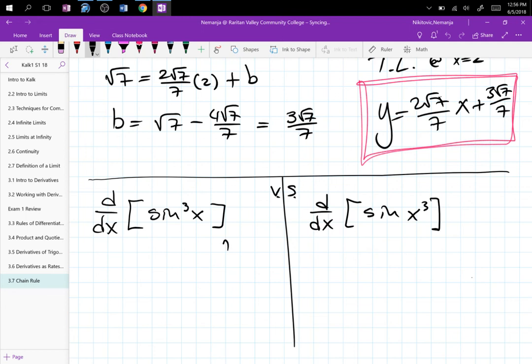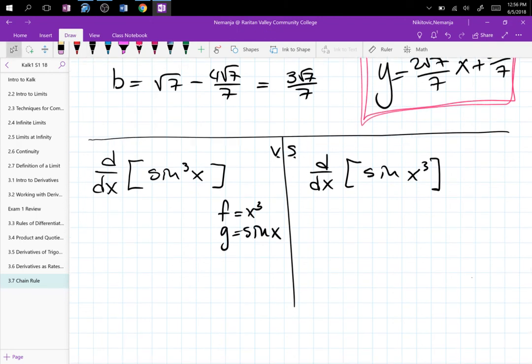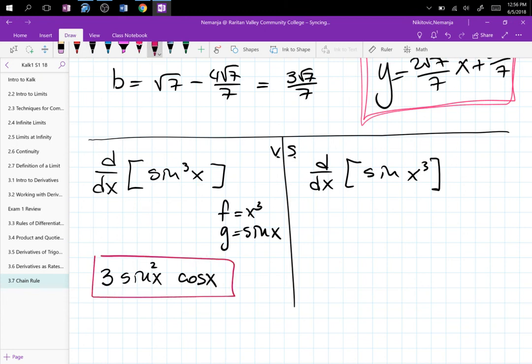So the first one has f to be x cubed and g to be sine x. So derivative is 3 sine x squared times the derivative, which is cosine x. And we had this answer before. The next one has f as sine x and g as x cubed.